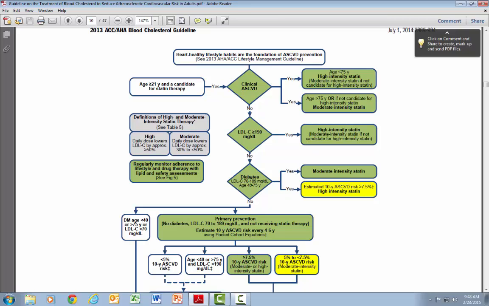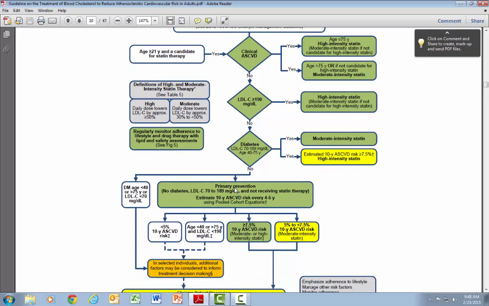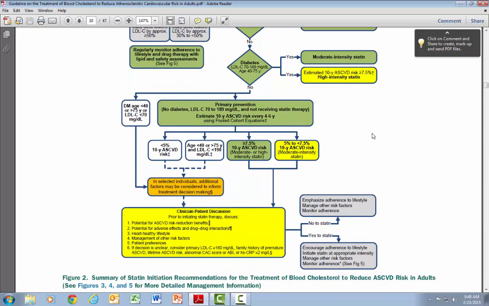If you're diabetic, because statins will increase the levels of glucose, you should always start a moderate statin unless you have a high risk of mortality, more than 10%. So for primary prevention, remember lifestyle modifications, okay? If you have less than 5% risk of death, or if you are less than 40 years of age or more than 75 years of age, then lifestyle modification with a moderate intensity statin if it's needed.